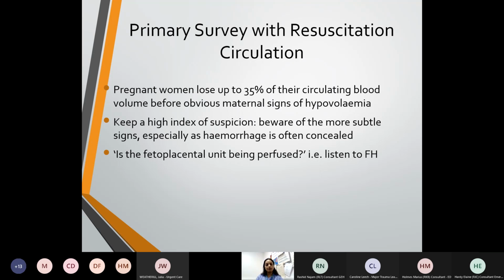But in general, that was what we would be telling. So that's what we mean by the fetoplacental unit. If you have a viable baby, and you listen to the baby's heart, once you have stabilized the mother, and it is showing you abnormal signs, then it's more likely that there is some kind of hemorrhage, for which you need some kind of intervention to stop that, to be able to resuscitate your mother safely.